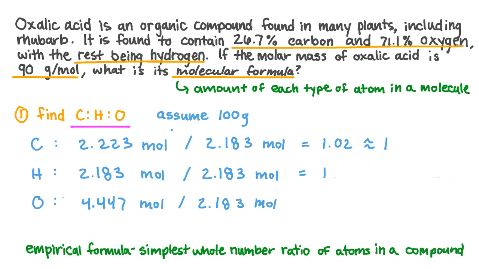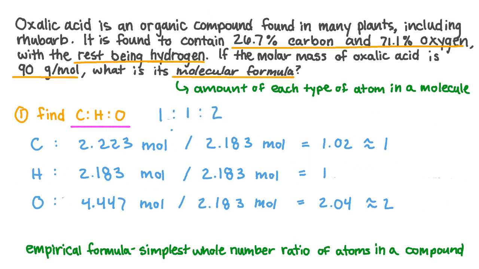2.183 divided by 2.183 gives us 1. And finally, 4.447 divided by 2.183 gives us 2.04, which is slightly above 2, again likely due to some experimental error, but we can still safely round it down to 2.